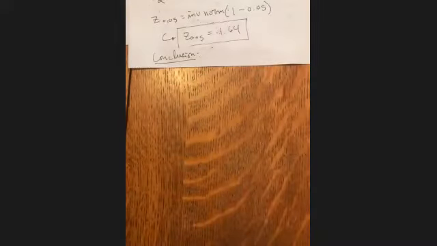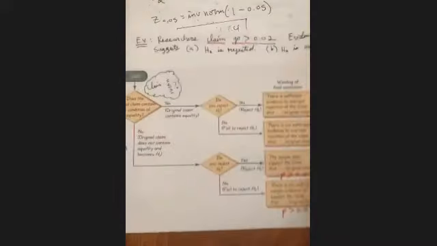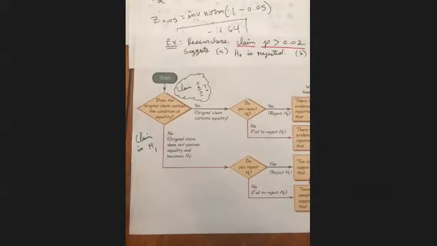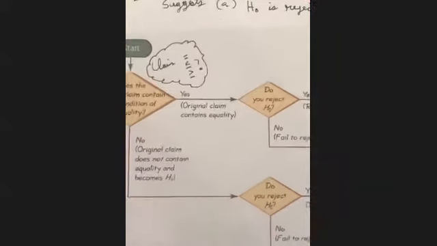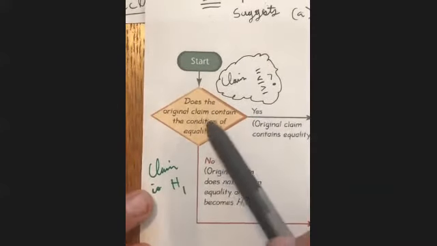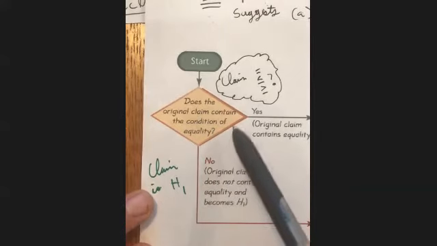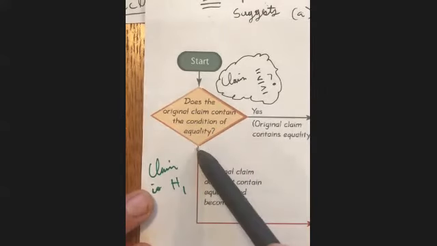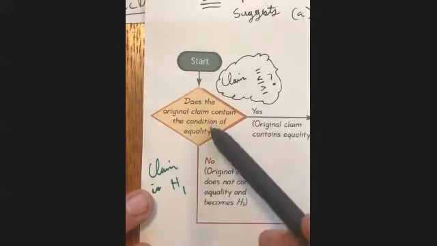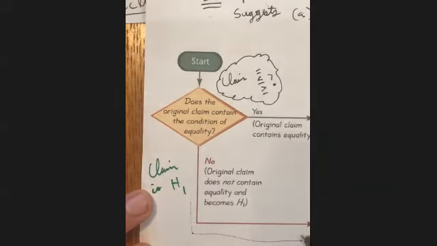This is why I introduced the flow chart. How do we come to our conclusion? Flowing from the chart, we ask, does the claim contain equality? Which is to say, are we claiming the null hypothesis or the alternate hypothesis? We are claiming the alternate hypothesis, so we go down the no route.